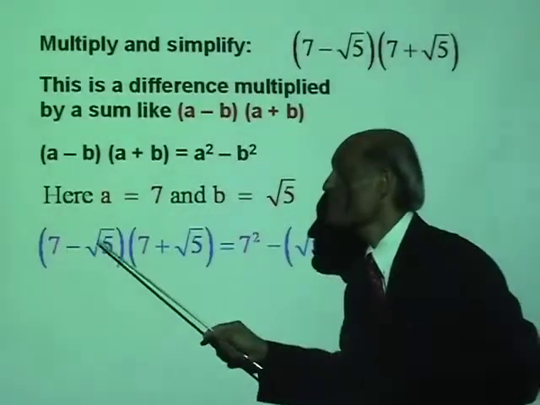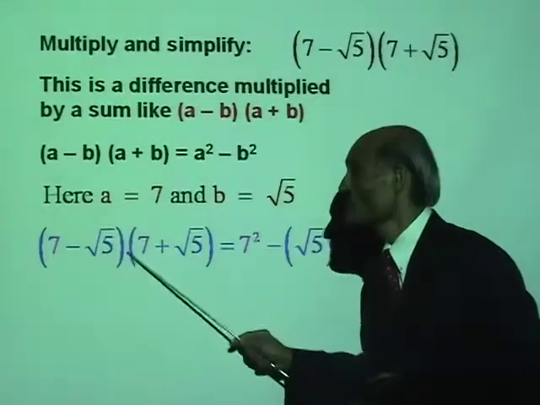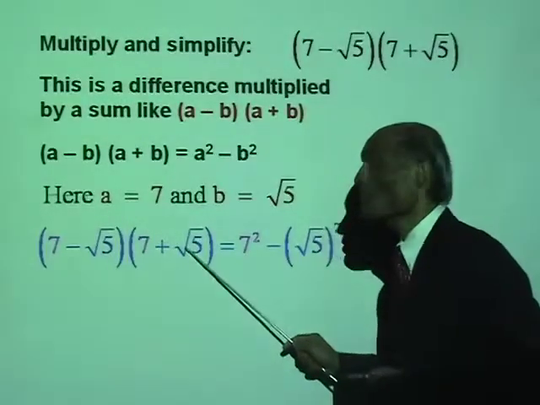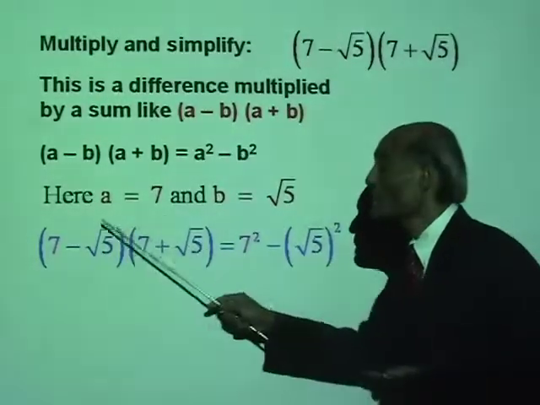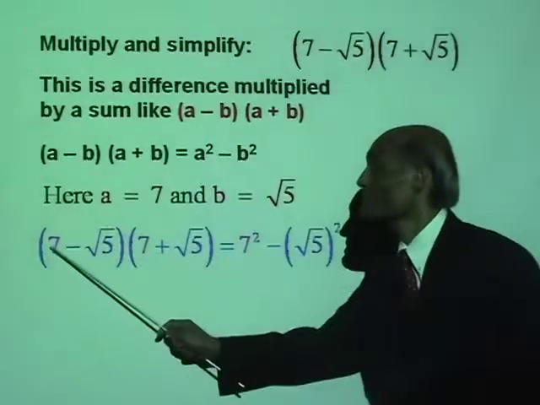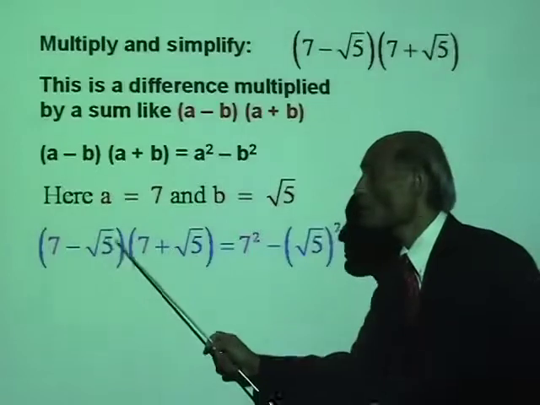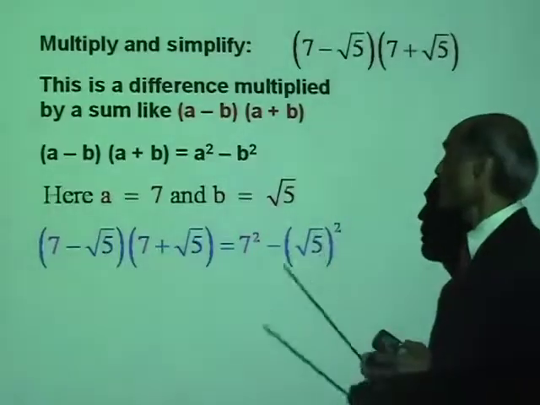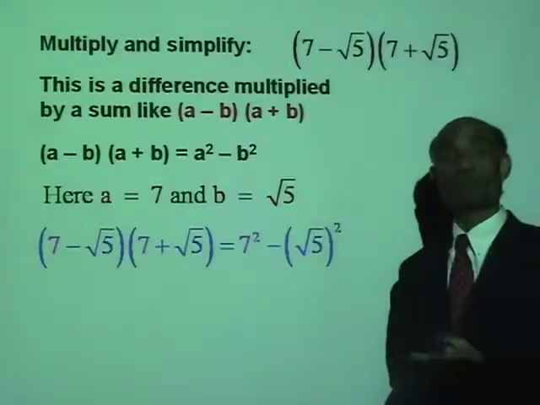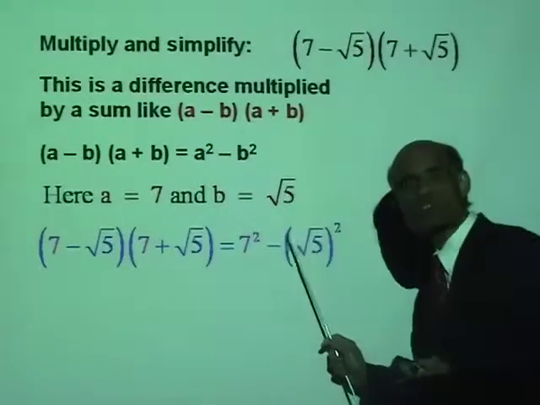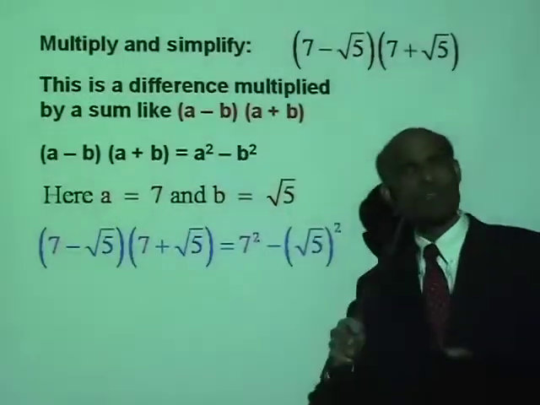Therefore, 7 minus square root 5 times 7 plus square root 5 is the square of 7, that's the first term, a, minus the square of the second, square of square root 5. Tell me, what is the square of square root 5?